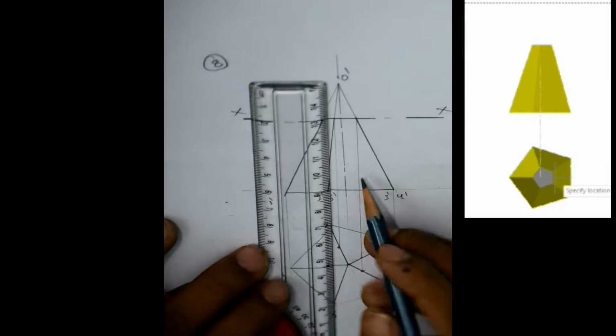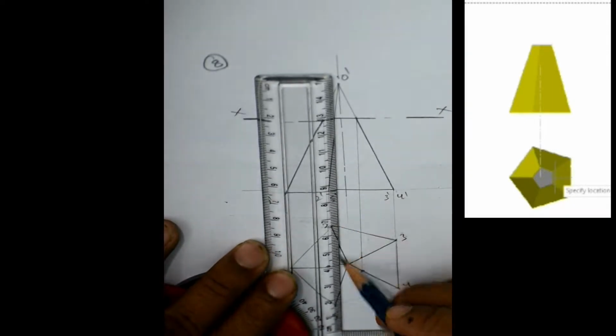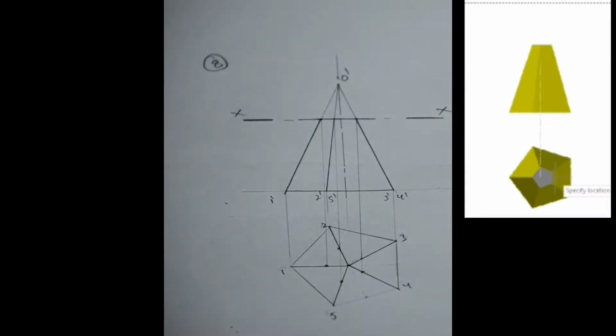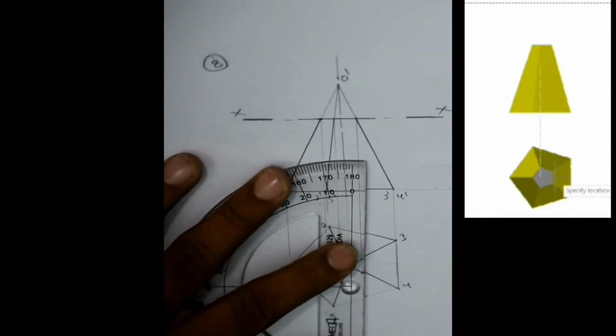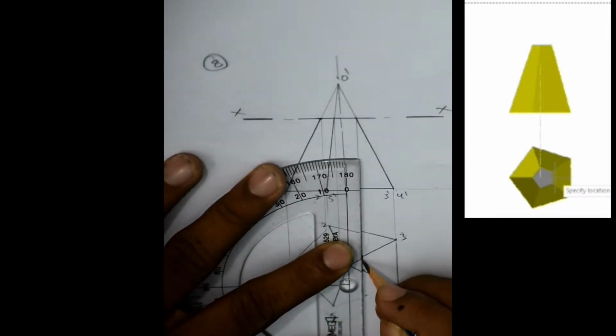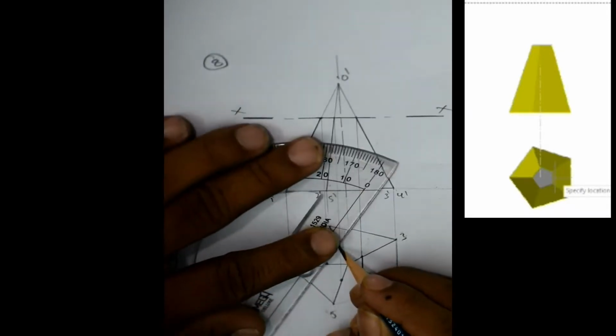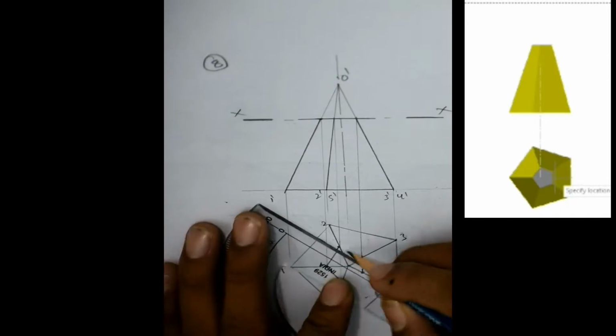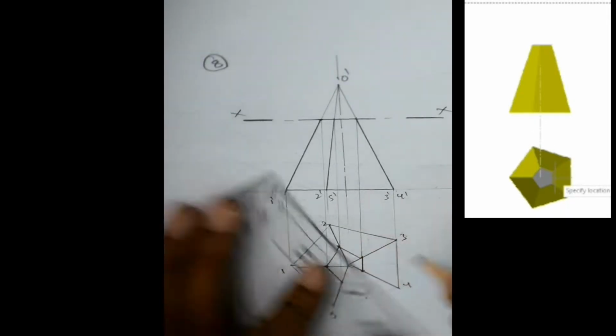This is the fourth point, and again this 5 dash is coming in line with the 2 dash. We will get one more point. So in the top view, the pentagon is appearing like this.